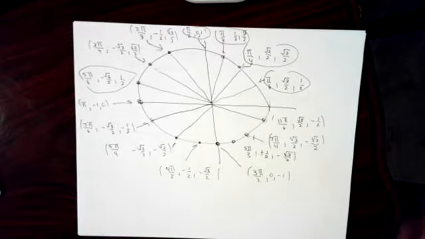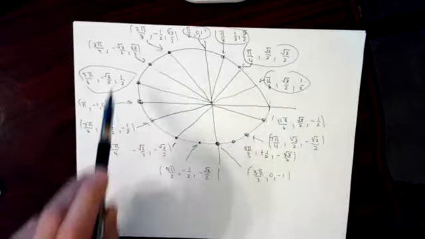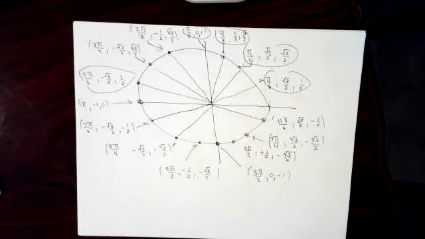And what I've done here is I've just indicated the angle in radians, the x-coordinate, and the y-coordinate. The way I got these numbers was exactly the same way we dealt with the pi over 6 in the previous page. So this shouldn't be any great shock. It's just a little bit tedious.